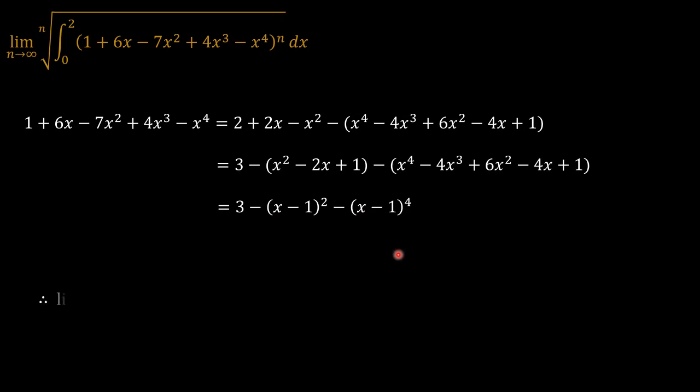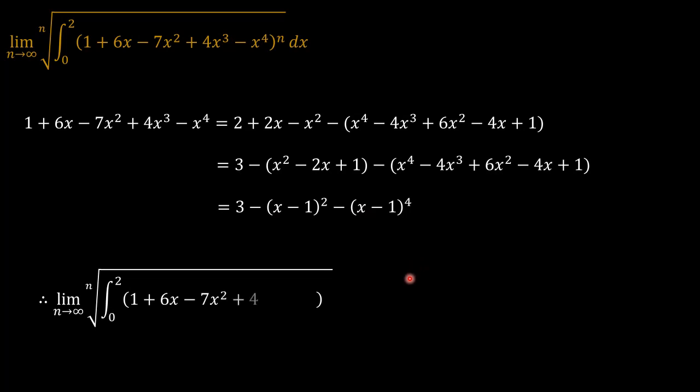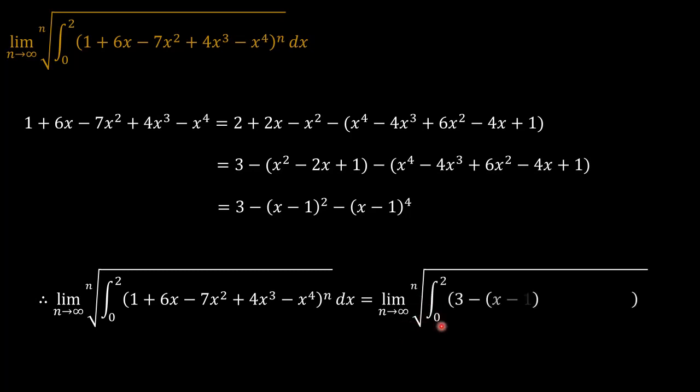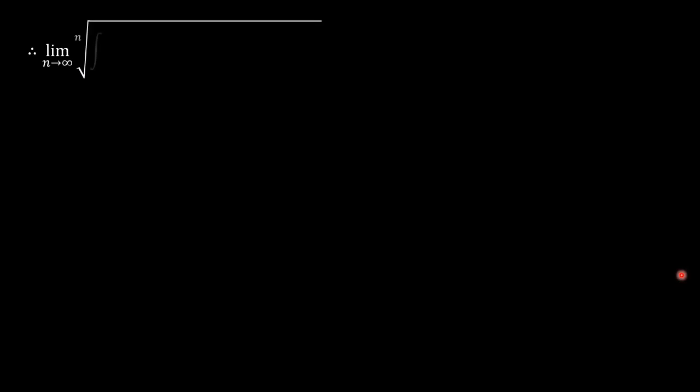So our limit and integral can now be re-expressed as the limit as n tends to infinity of the nth root of the integral from x equals 0 to 2 of (3 - (x - 1)^2 - (x - 1)^4) to the power n. The next thing I'd like to do is substitute for x - 1.